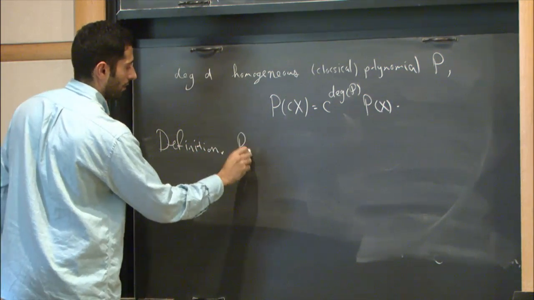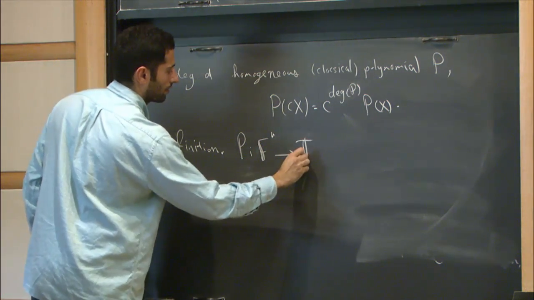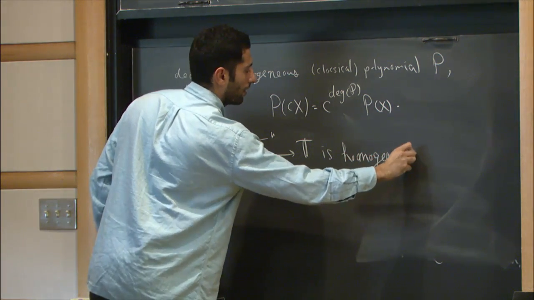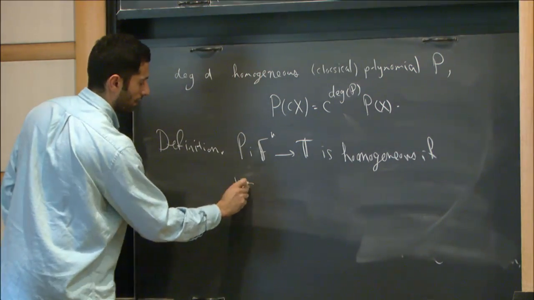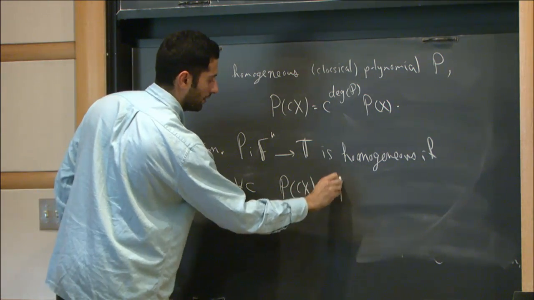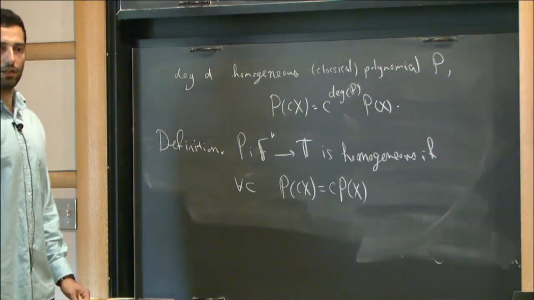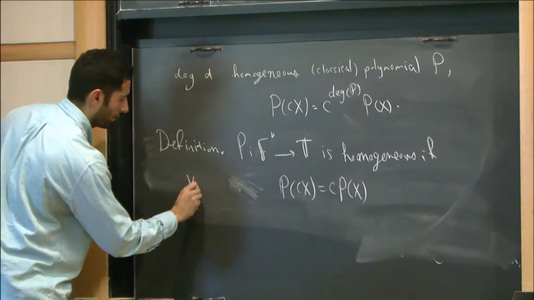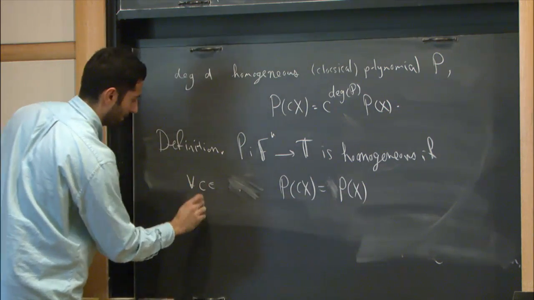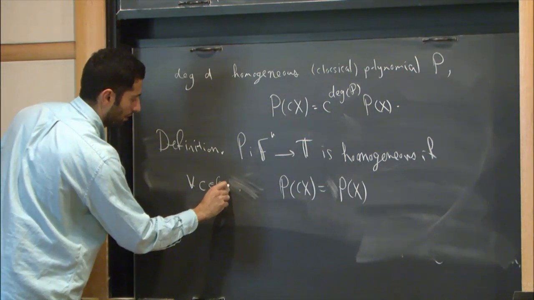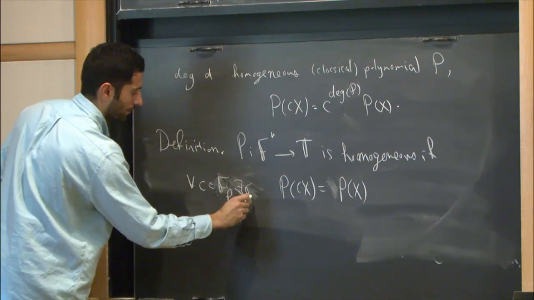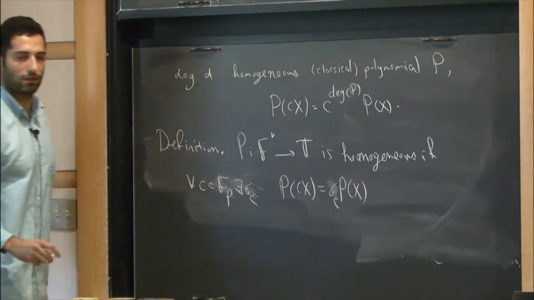P is homogeneous if for all C in F_p, there exists some sigma_C such that P of Cx is equal to sigma_C times P of x.